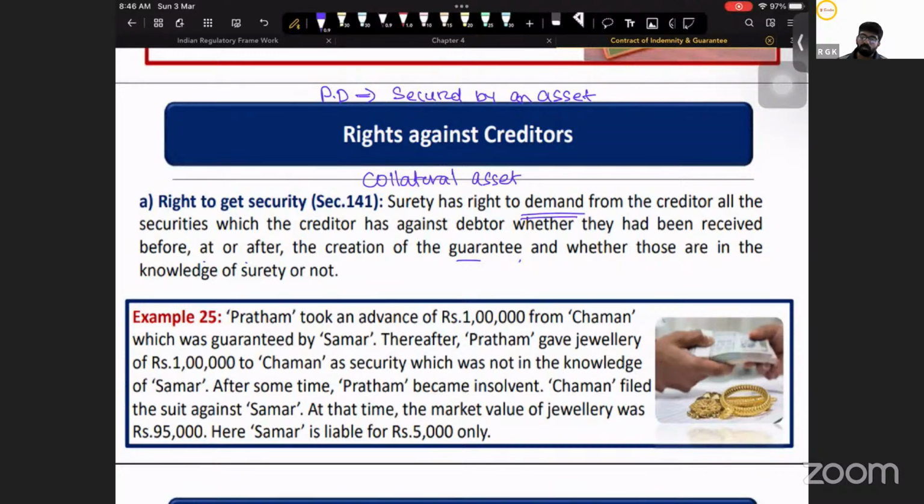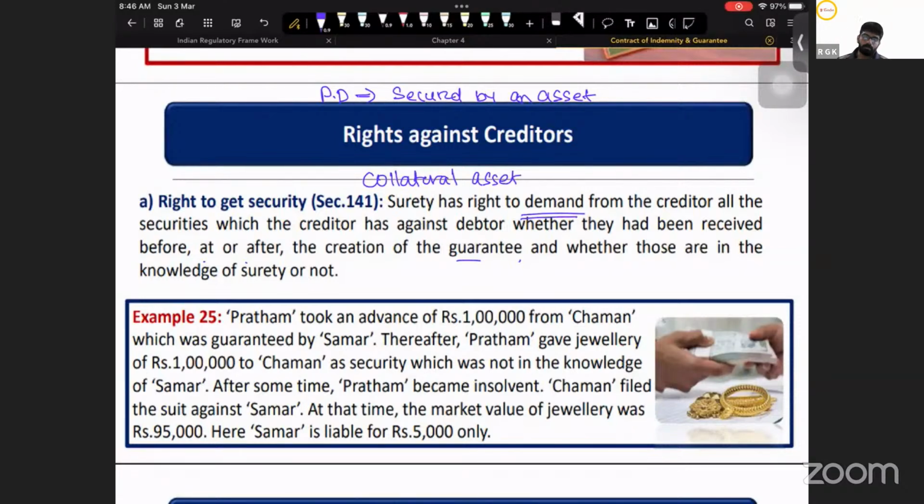It may be known to the surety, it may not. Irrespective of that, once the surety pays the debt, the surety has the right over whatever security asset is available with the creditor.